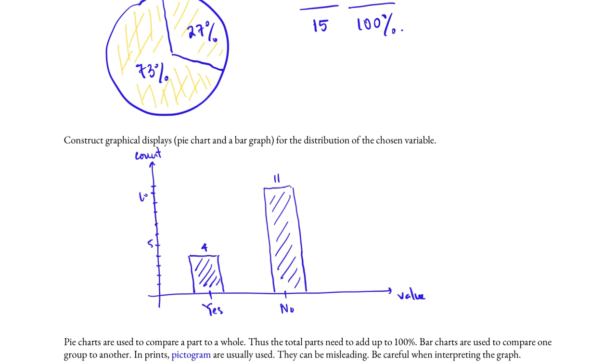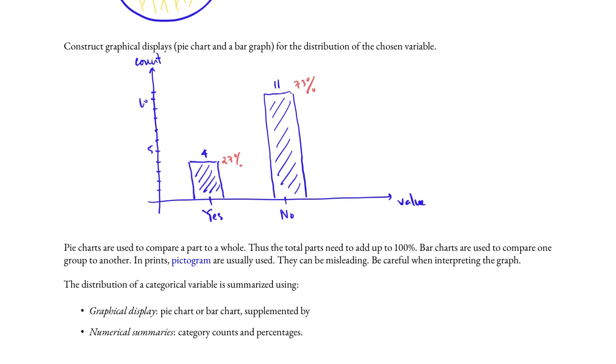In terms of the percentage, these 4 counts correspond to 27%, and 11 counts correspond to 73%. This is what we call a bar graph. The pie chart or the bar graph are what we call the graphical displays, and in media, these are called pictograms.